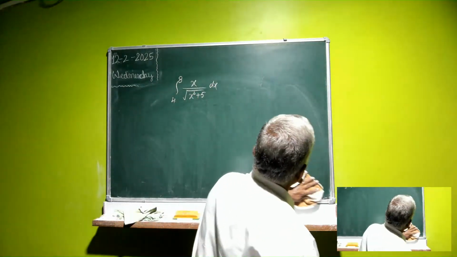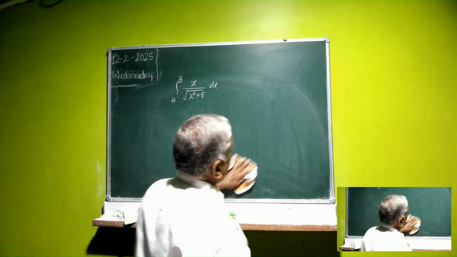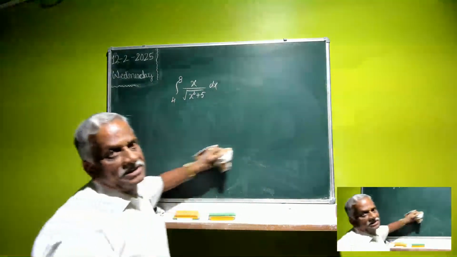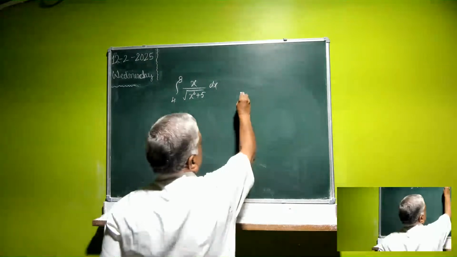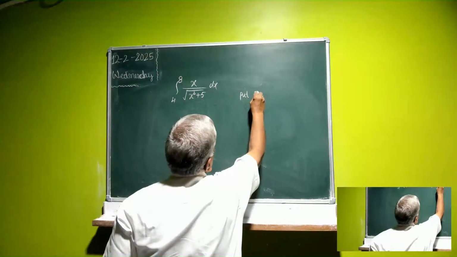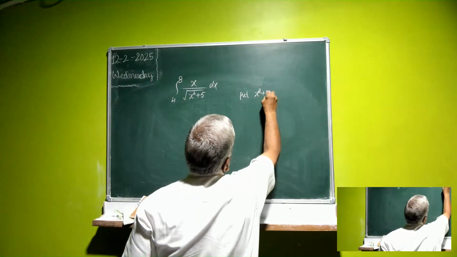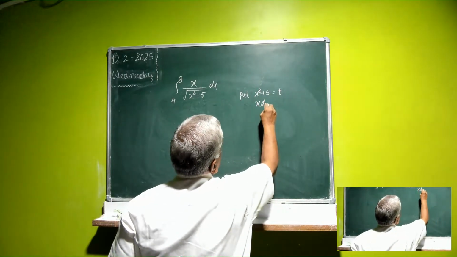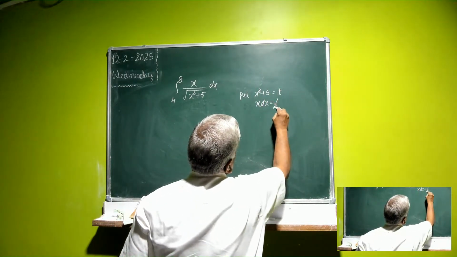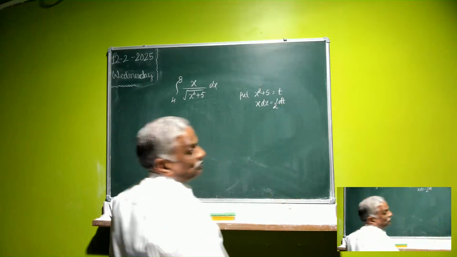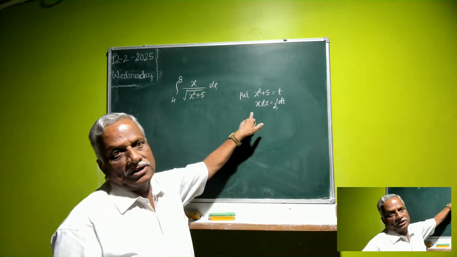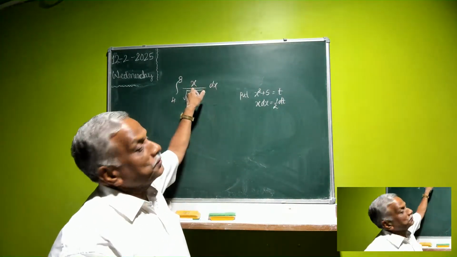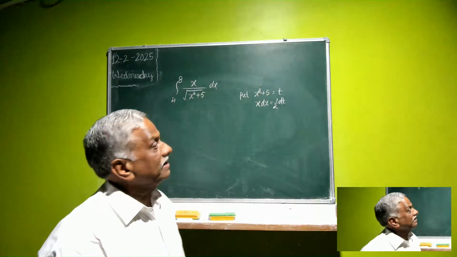So, I told you earlier, whenever numerator and denominator are there, invariably you have to call the denominator as t. Put x square plus 5 equals t, then x dx equals half dt. I have skipped one term here: I get 2 and I don't require 2 here, therefore I am shifting it there.